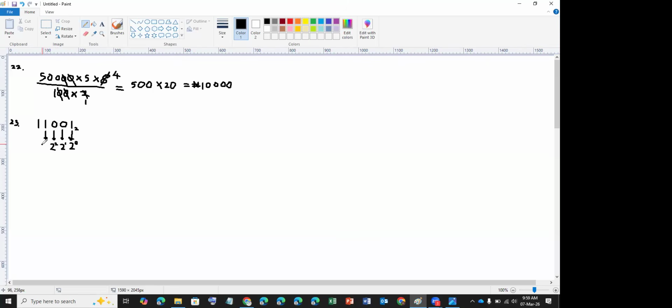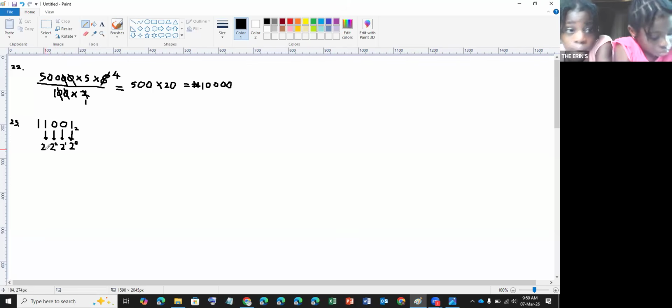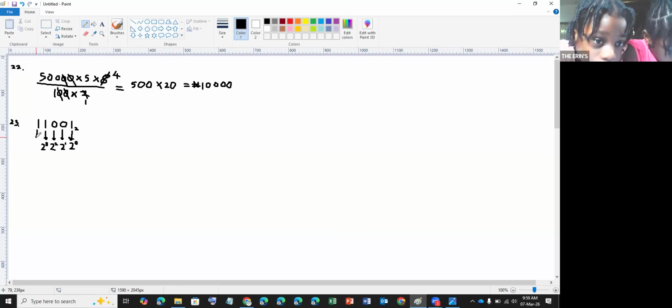What did you get as your own answer? We just times it by 2, and the one we said bigger, we should label it from the back: 0, 1, 2, 3, and 4.